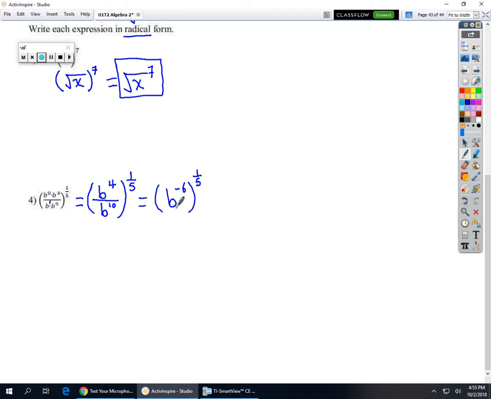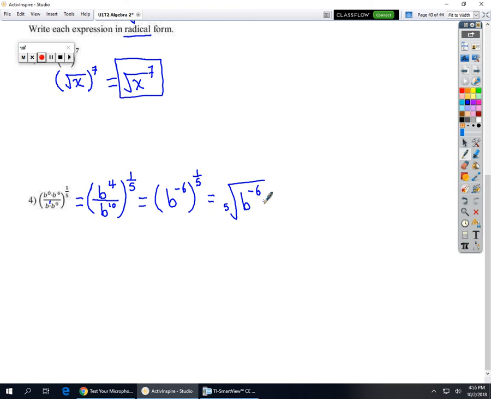Now, some people would see this negative exponent and immediately start changing it to 1 over b to the 6th. I actually want you to slow down. Rather than change all this up, why don't we change the exponent now? So 1/5 is a 5th root, so change it to the 5th root of b to the negative 6.